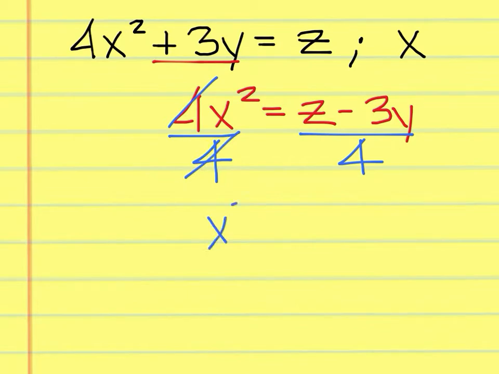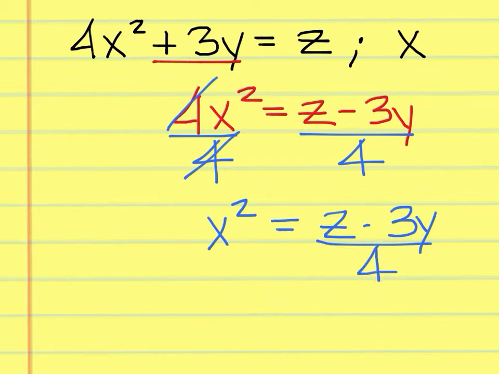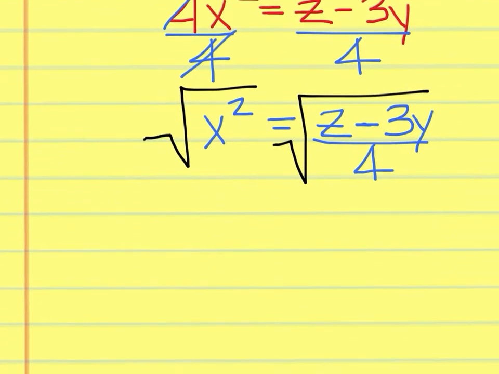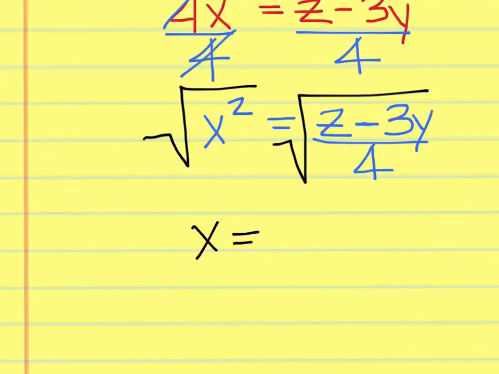Cancel and have x squared equals z minus 3y over 4. Next, we have to get rid of the exponent. So to get rid of the exponent, we have to do the square root of both sides. When we do that, we're left with x equals the square root of z minus 3y over 4.